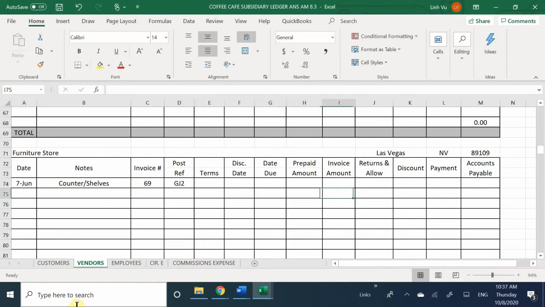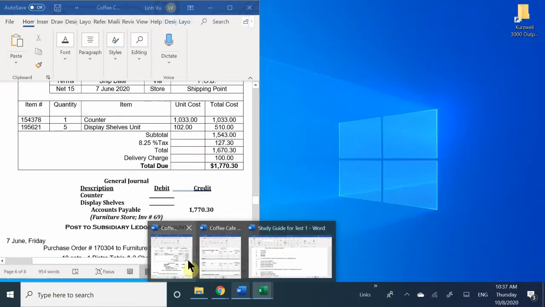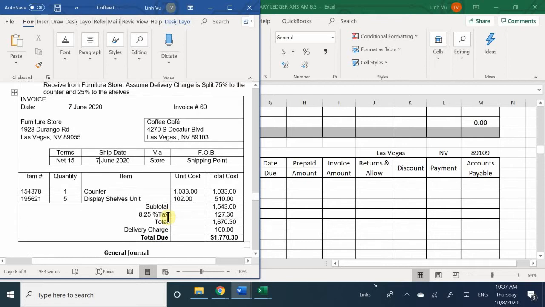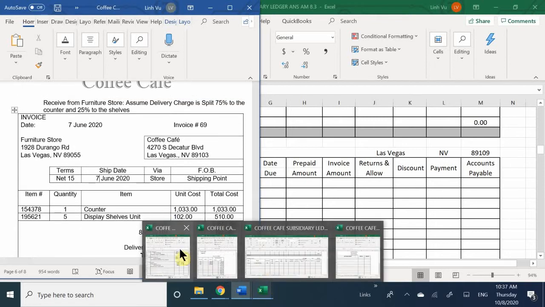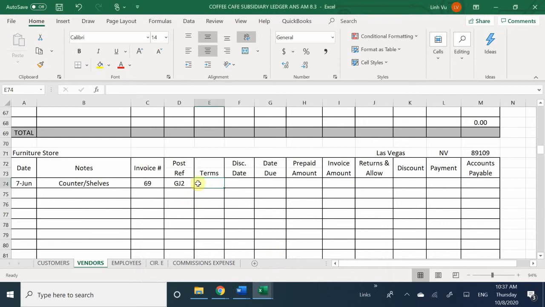Now this is where I can go ahead and apply the terms. What was my terms given to me? Net 15, so that means I don't get a discount, but that's okay. So my terms was net 15. So what I can do is I can determine when my actual due date for the entire amount is.